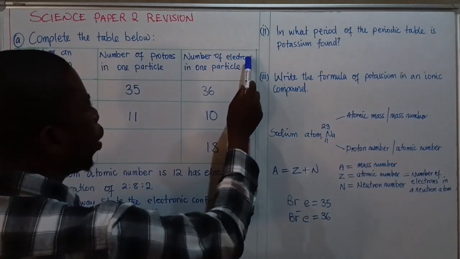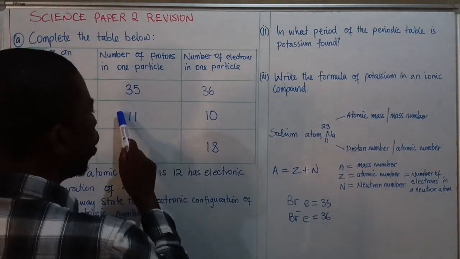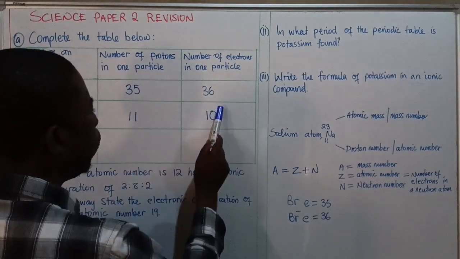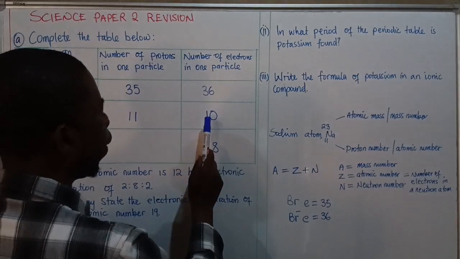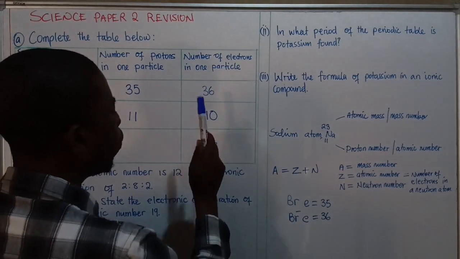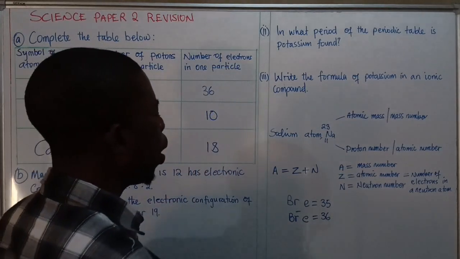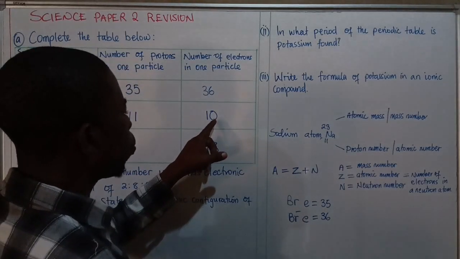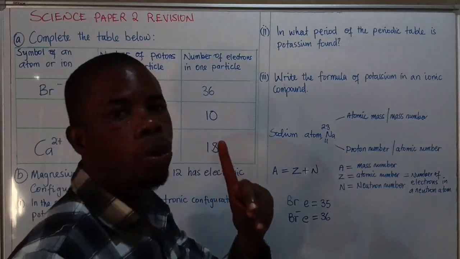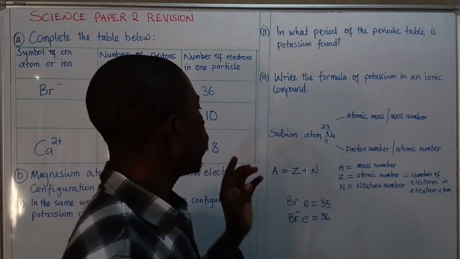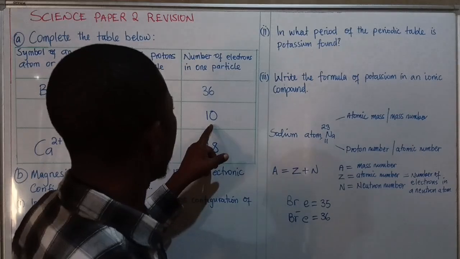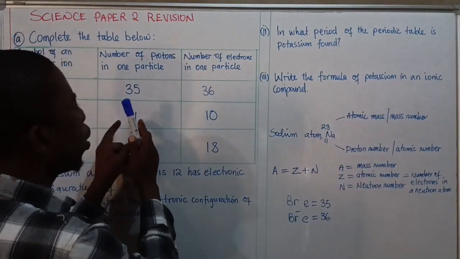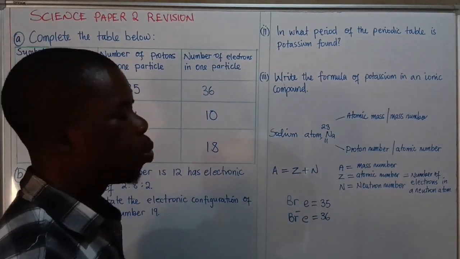So here we are supposed to have 11. Because we don't have 11, what has happened is that for the electrons to be 10, it means one was lost. Initially they were supposed to be 11 as well.